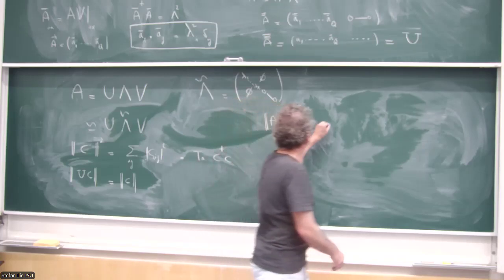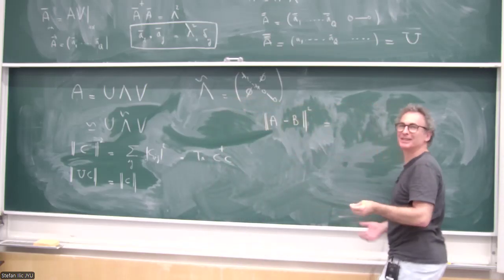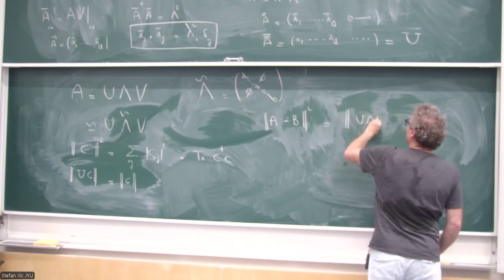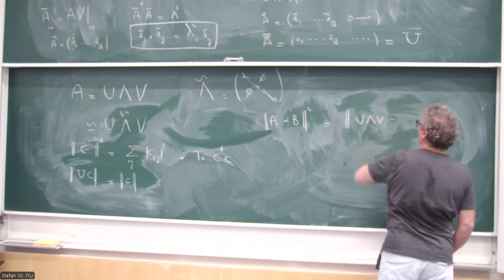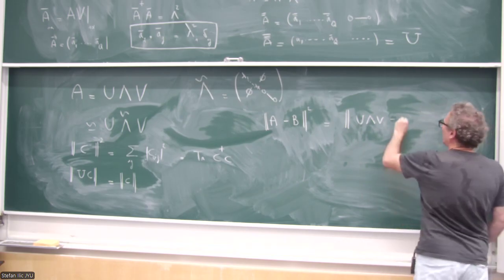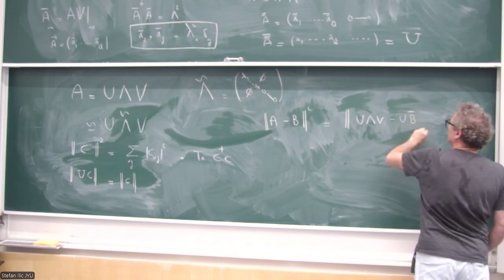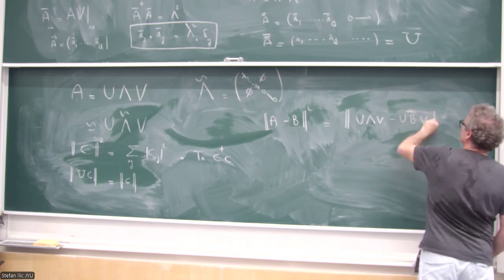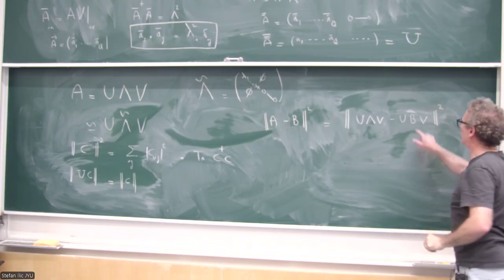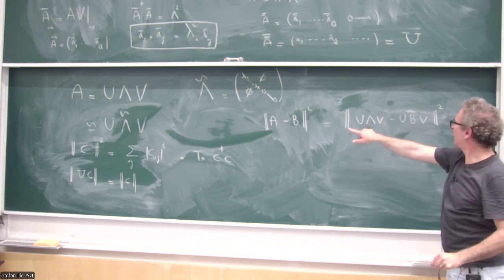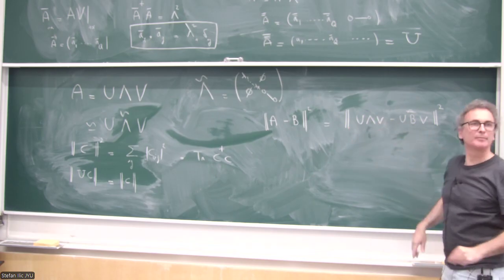We first write the SVD of A. I mean, we didn't work so hard not to do it. A is U lambda V dagger, and B I write as U B tilde V, which means I define B tilde as U dagger B V dagger.